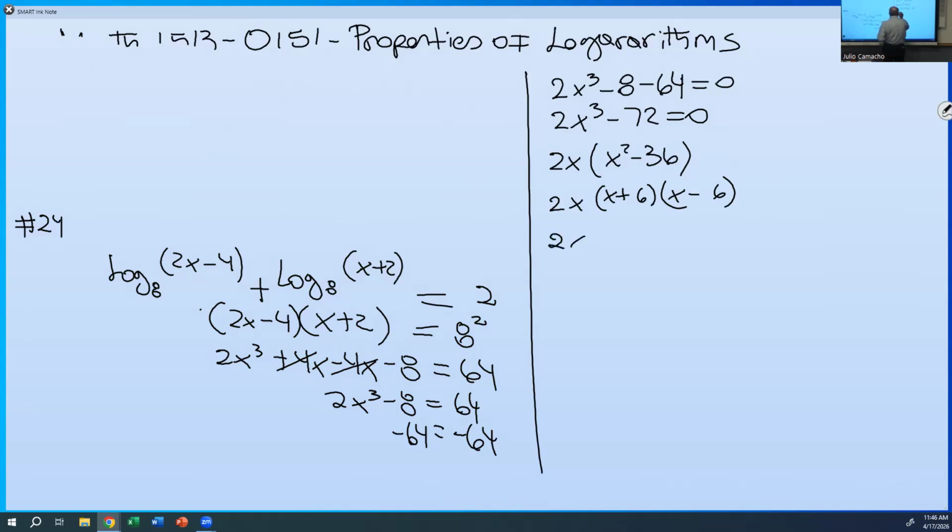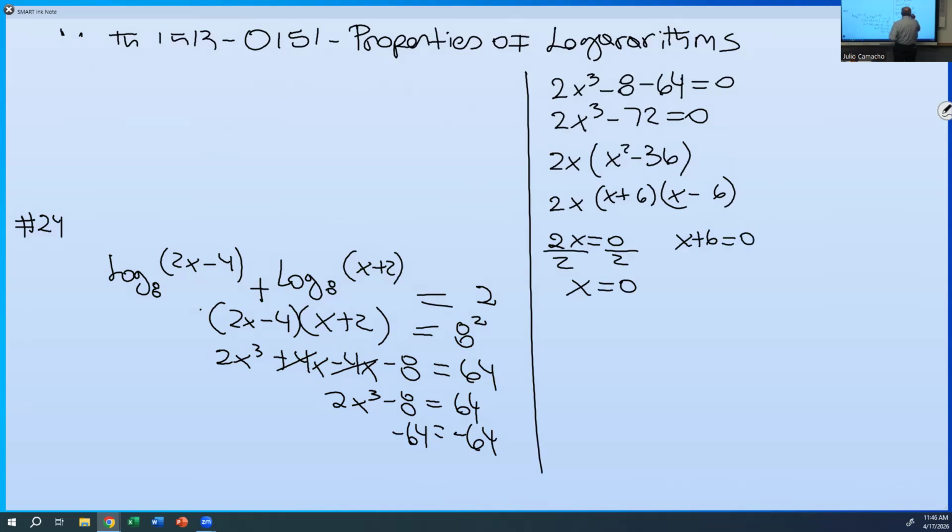So you have 2x is equal to 0. You divide both sides by 2. You have that x is equal to 0, because 0 divided by 2 is 0. The next one, you have x plus 6 is equal to 0.